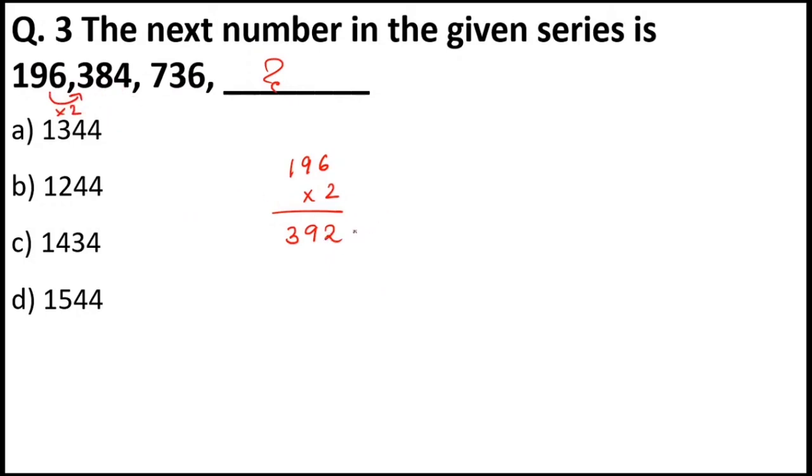So you have to subtract 8, and then you get 384. Now I will multiply 384 by 2 and I will get 768. But instead, here 736 is given.